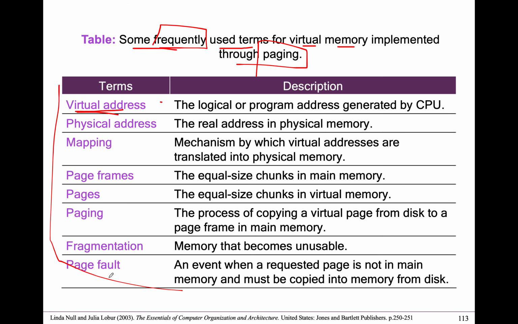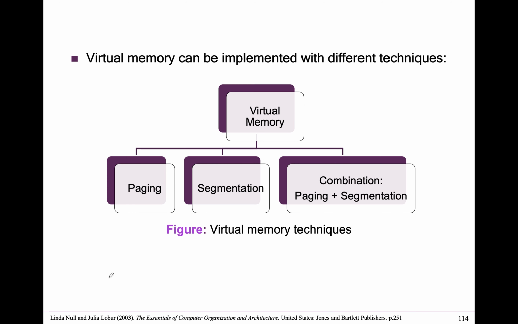Okay. Next is, okay, virtual memory can be implemented with different techniques. So you have 3 techniques that you need to remember. First is paging, second is segmentation, and another one is a combination between the 2 techniques over here.